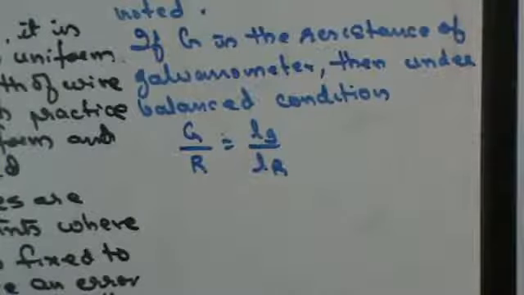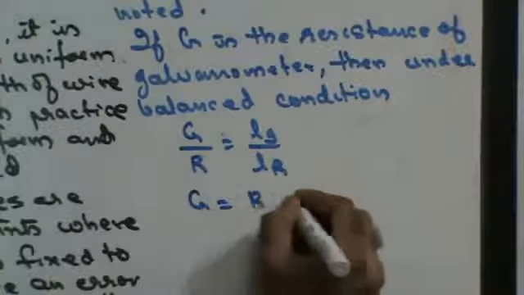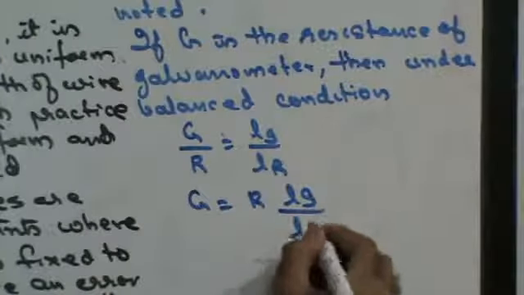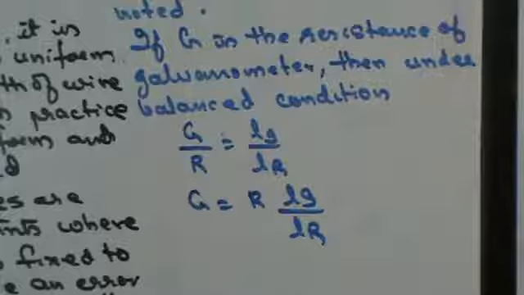And that's how you will come to know the resistance of the galvanometer, when I can say that G is equal to R into Lg upon Lr. Fine, do we get this thing here?